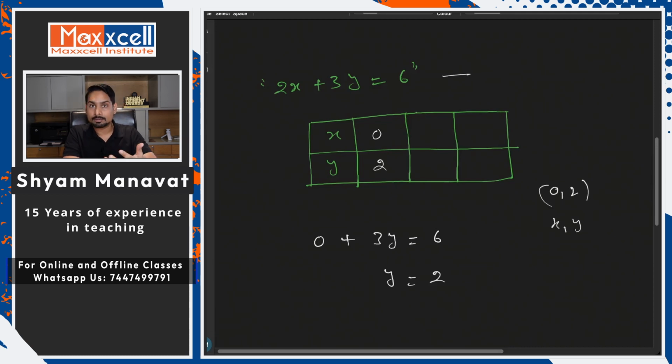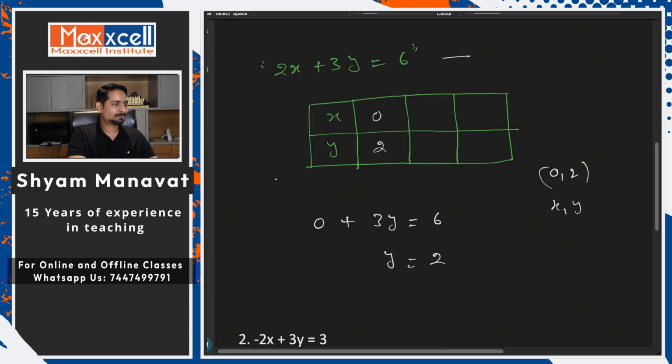Or you can say 0 comma 2 lies on this line. It's one and the same thing, vice versa is also true. You got one coordinate.